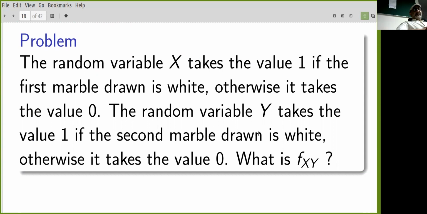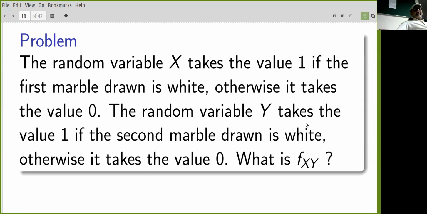The random variable x takes the value 1 if the first marble drawn is white. Otherwise, it takes the value 0. The random variable y takes the value 1 if the second marble drawn is white. Otherwise, it takes the value 0.